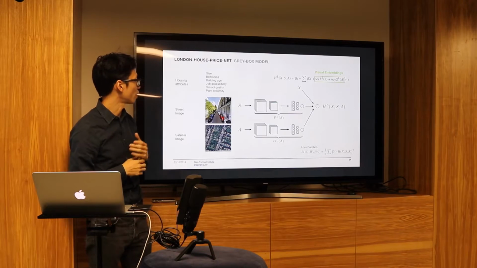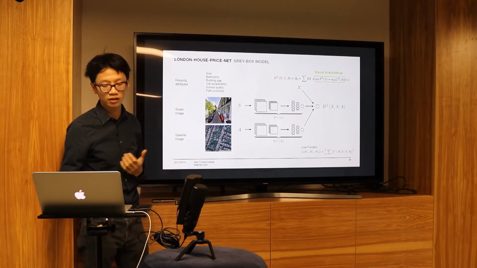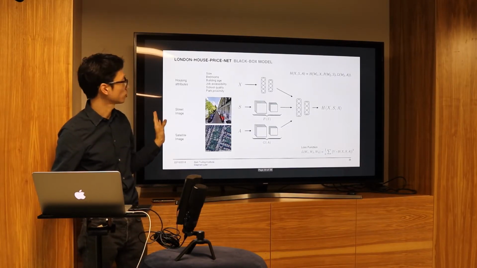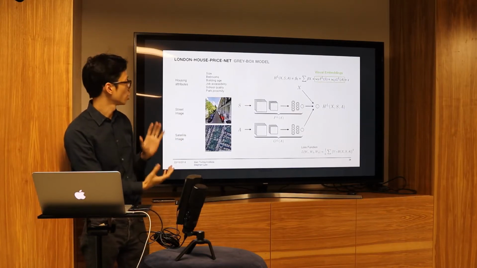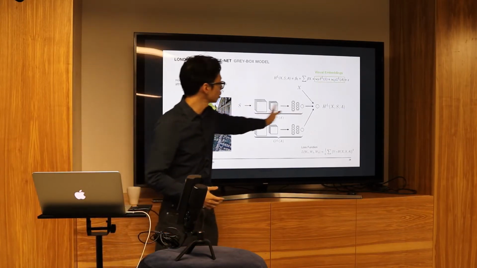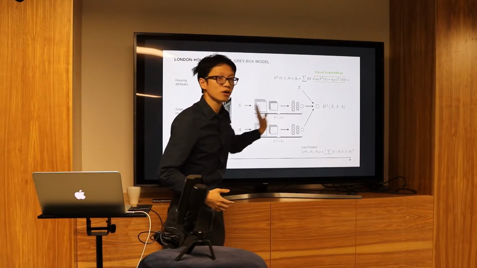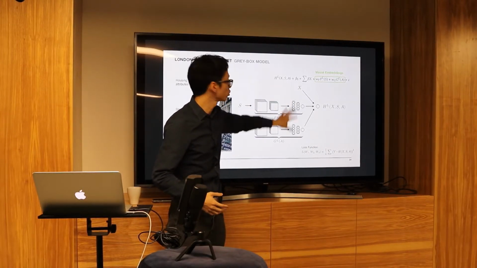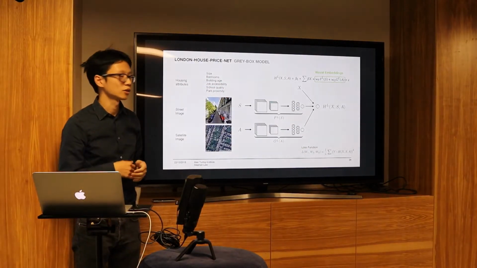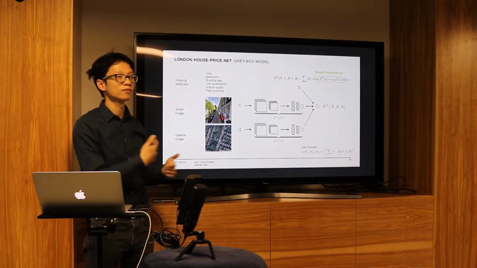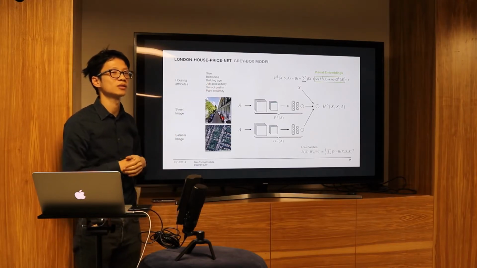Our aim here is to compare the black box model, end to end, to this semi-gray box model, which combines a traditional machine learning model, using a CNN to retrieve the visual embeddings, with a more econometric setting at the end. And then you can do traditional statistical inference on these models better.